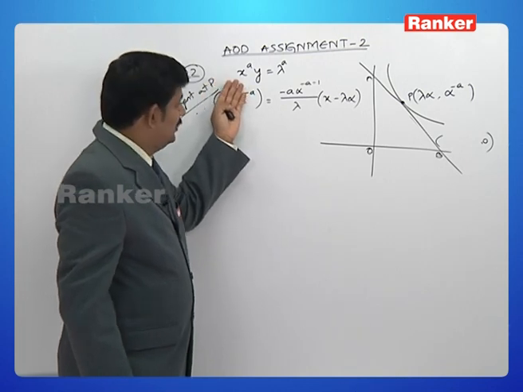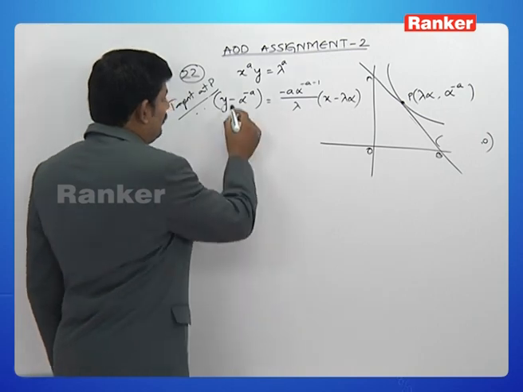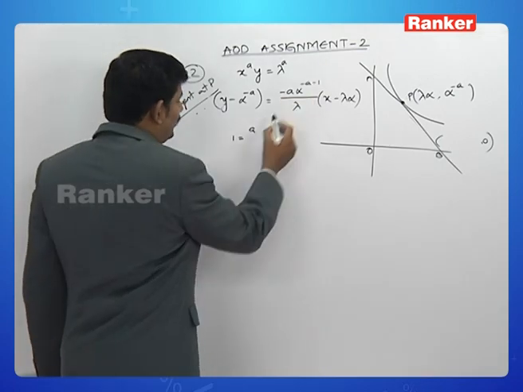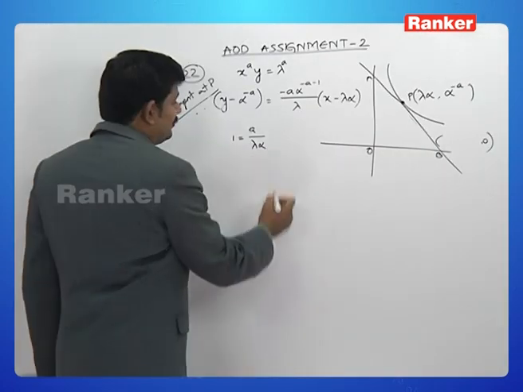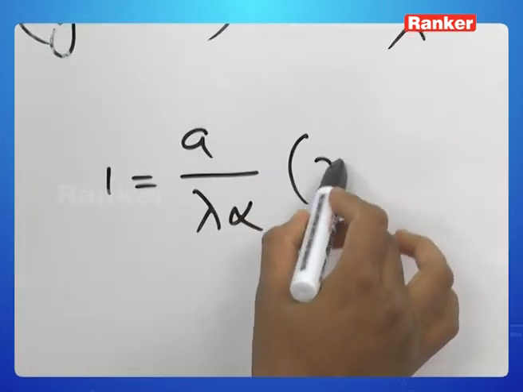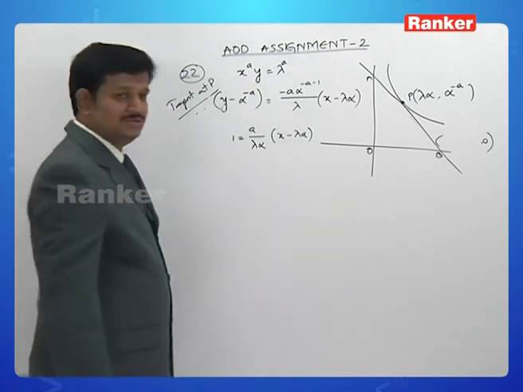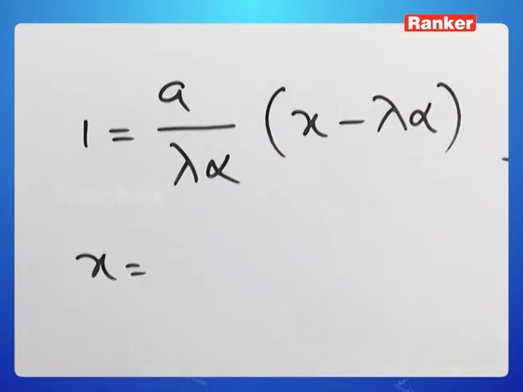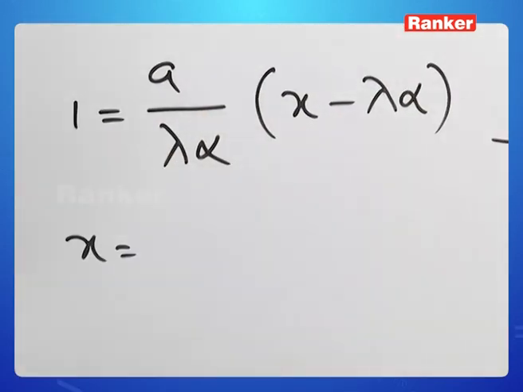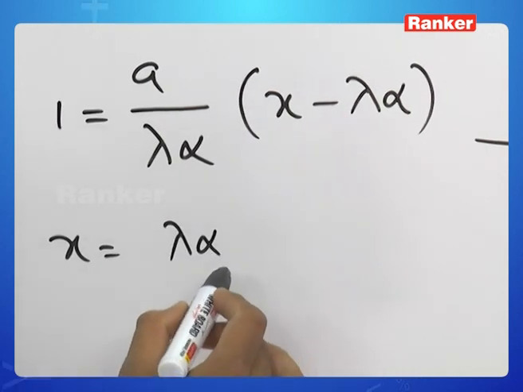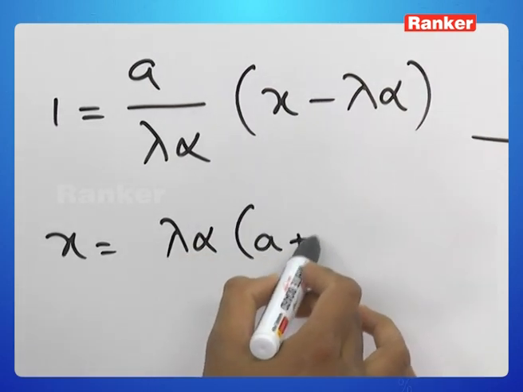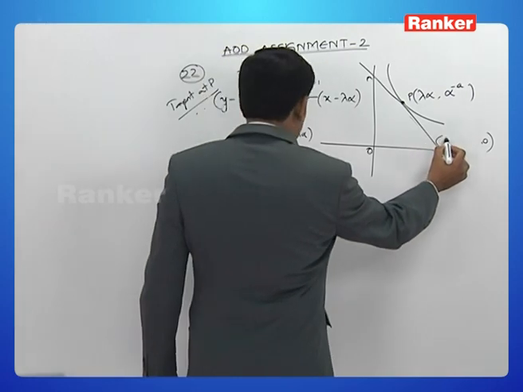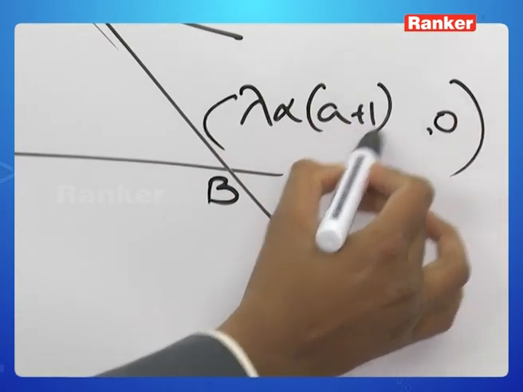Then 1 equals a times α^(-1)/λ times (x minus λα), or x equals λα/a plus λα, or λα(a+1)/a. The x coordinate at B is λα(a+1)/a.